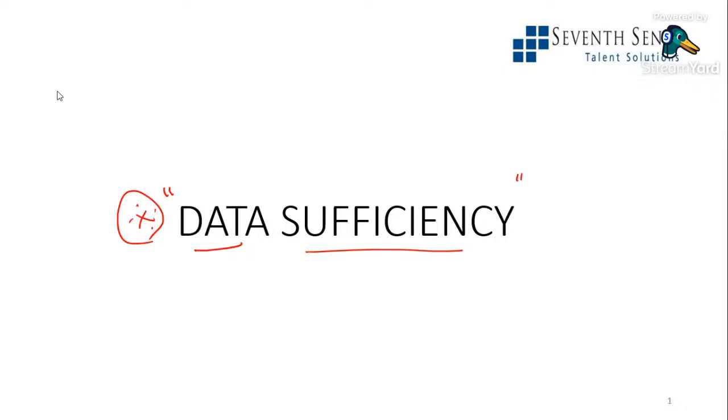So be clear with this topic, and you should learn it last. Why last? Because you can expect a question from any topic. You should know all the concepts. Is it clear, guys?